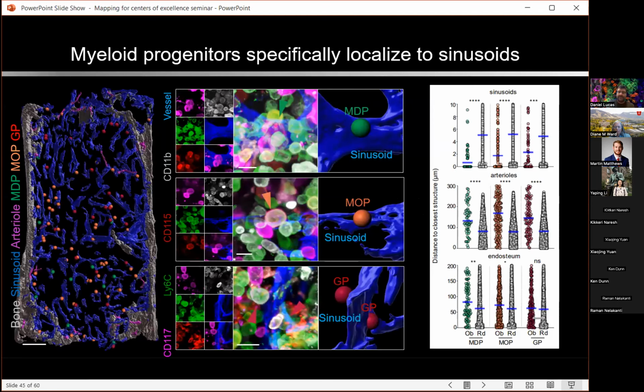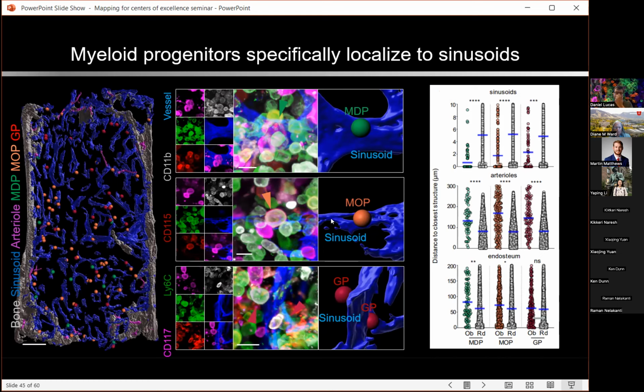We can also modify our stains and drop some channels and stain for vessels. And here you can see the maps in the marrow and where they are. And all these monocyte dendritic cell progenitors and neutrophil progenitors are specifically localized to sinusoids. You can see that even though every random cell is going to be within 5 microns of a sinusoid, these progenitors are much closer than predicted from random, and they are actually attaching to the surface of these vessels.